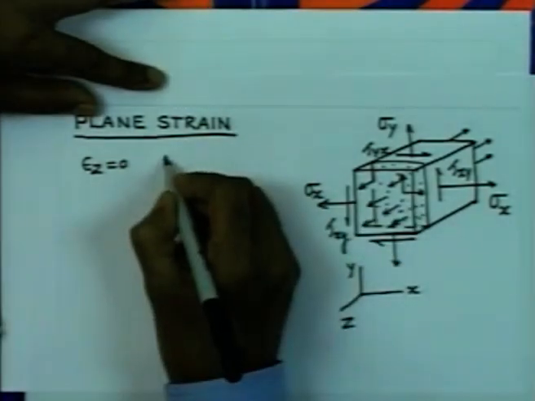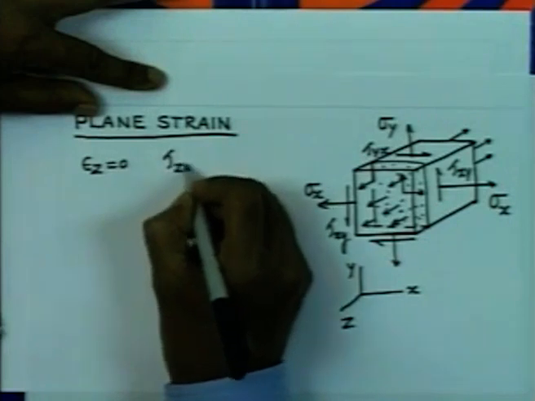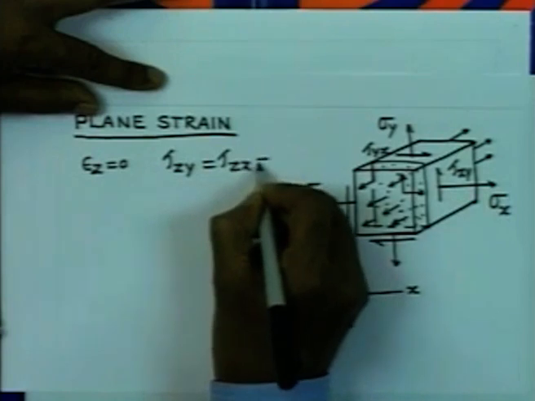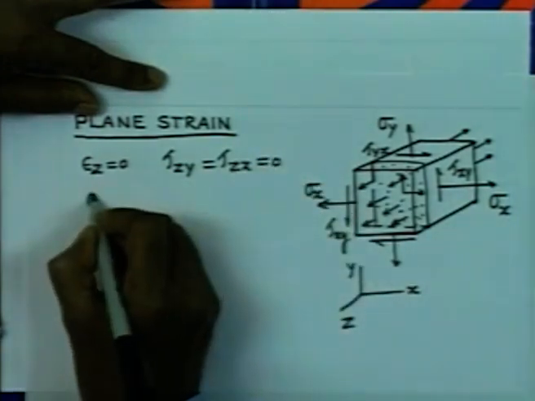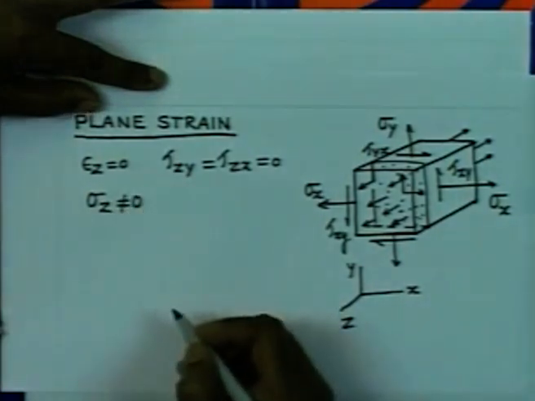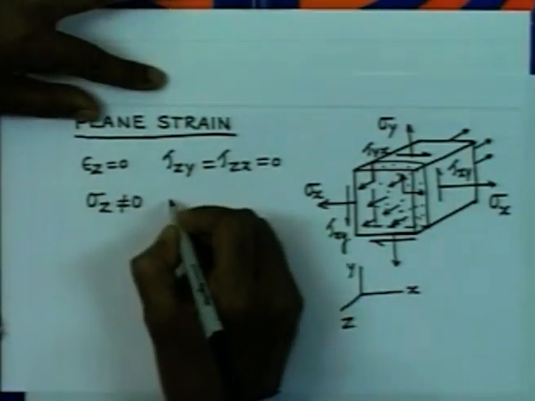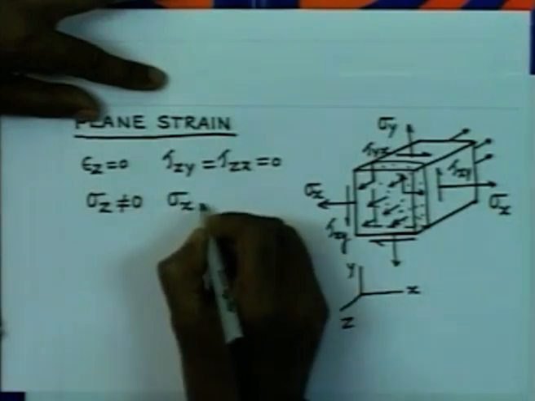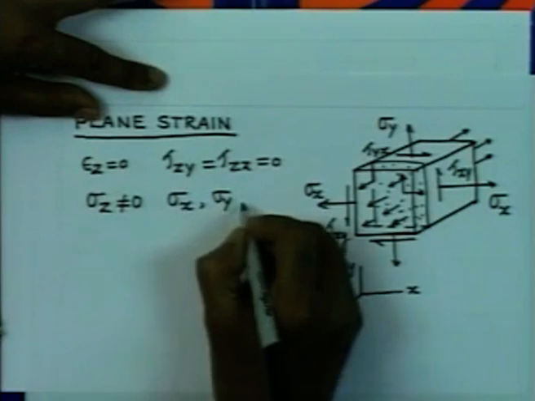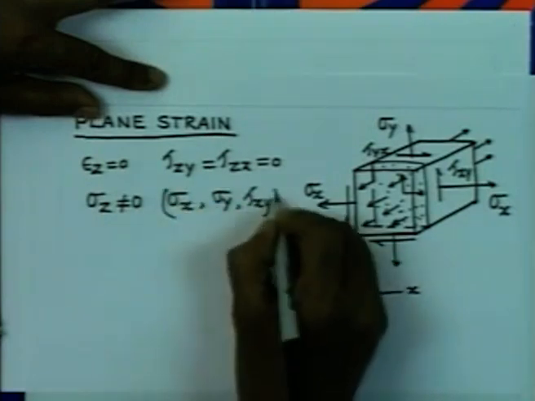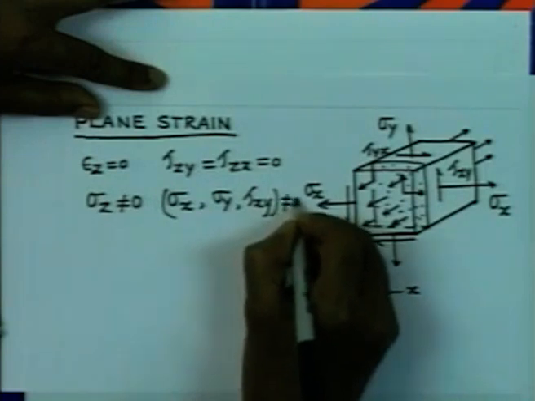Therefore, we have tau zy and tau zx equal to 0 and sigma z is non-zero, and the other stresses which are non-zero are sigma x, sigma y and tau xy.